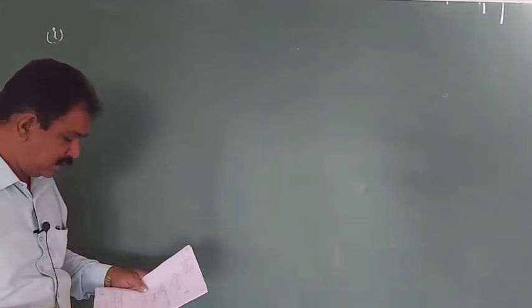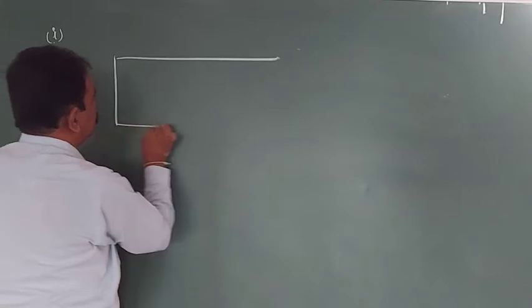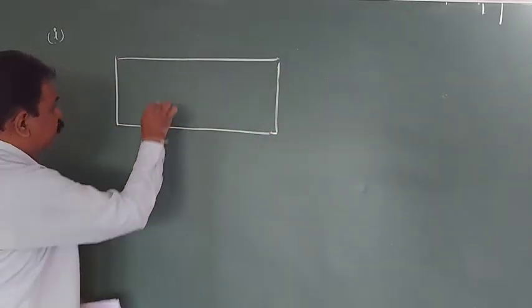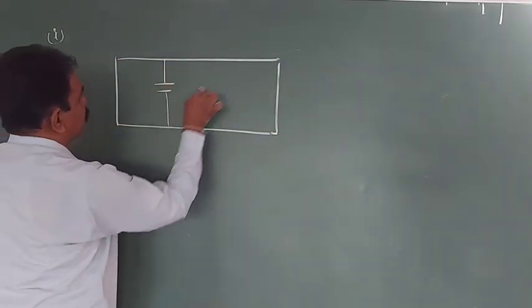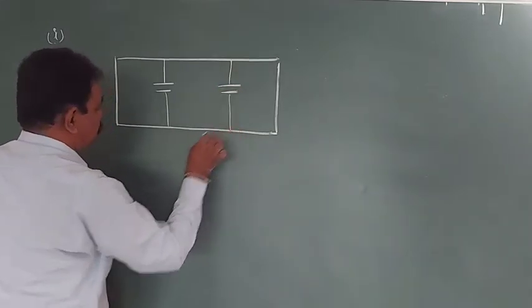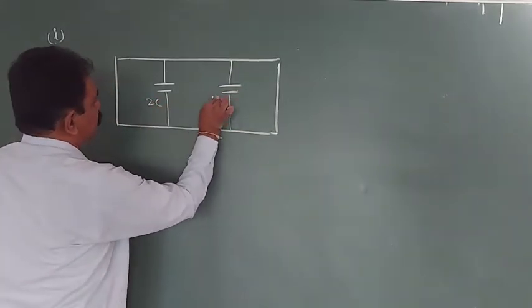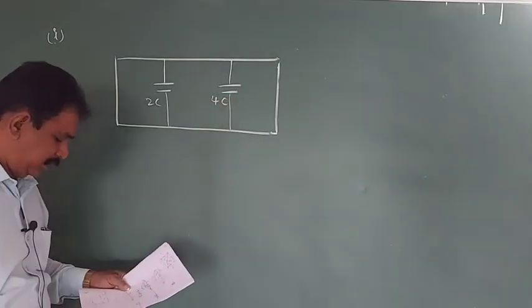How is the circuit? See, the circuit is like this. Here this will be 2C. This will be 4C.